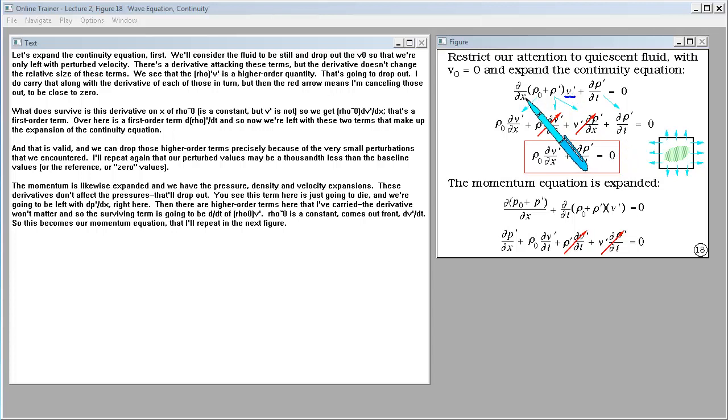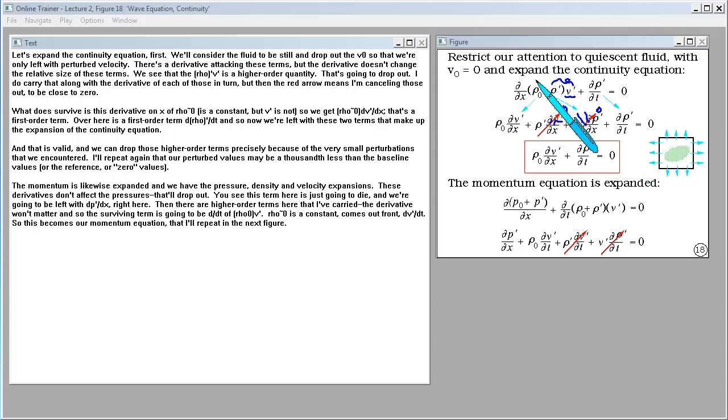There's a derivative attacking these terms, but the derivative doesn't change the relative size of these terms. We see that the rho prime v prime is a higher order quantity. That's going to drop out. I do carry that along with the derivative of each of those in turn, but then the red arrow means I'm canceling those out to be close to zero.